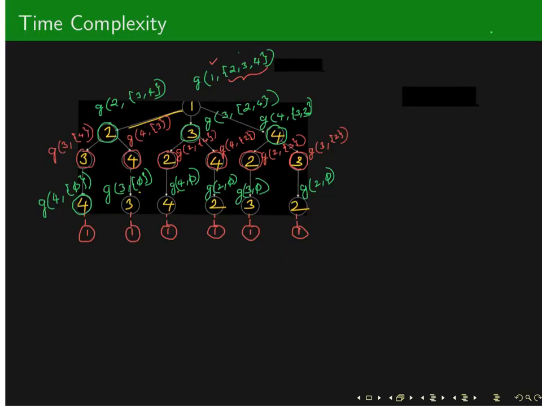Now we can define the min cost in a recursive manner. The min cost from city 1, which is our ultimate goal, which is represented like g of 1 comma 2 3 4, can be defined like this.